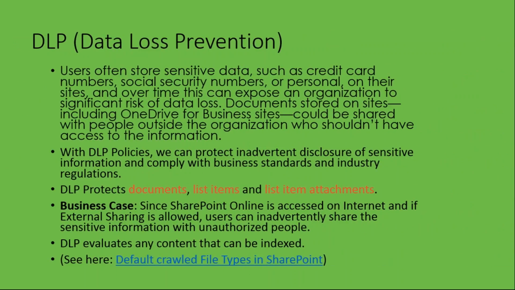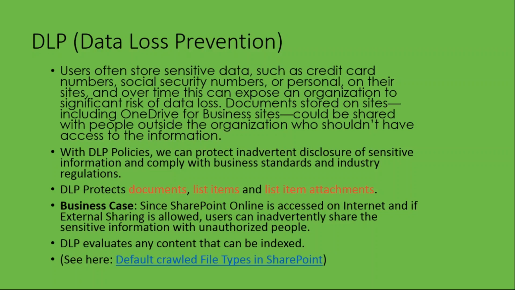So let's first see DLP, data loss prevention. What does that really mean? As we know, users in their SharePoint Online sites or in documents can store some confidential information. That means they can store personally identifiable information like credit card numbers, social security numbers, or passport numbers.